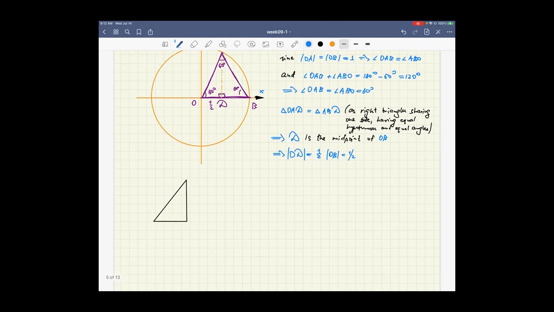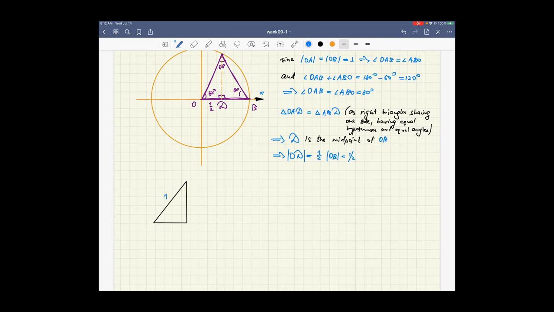We know that hypotenuse is 1. One side is 1/2. So this third side is square root of hypotenuse squared minus leg squared.